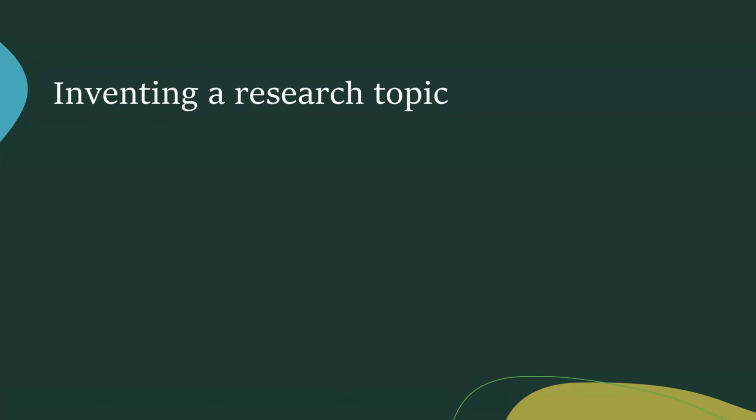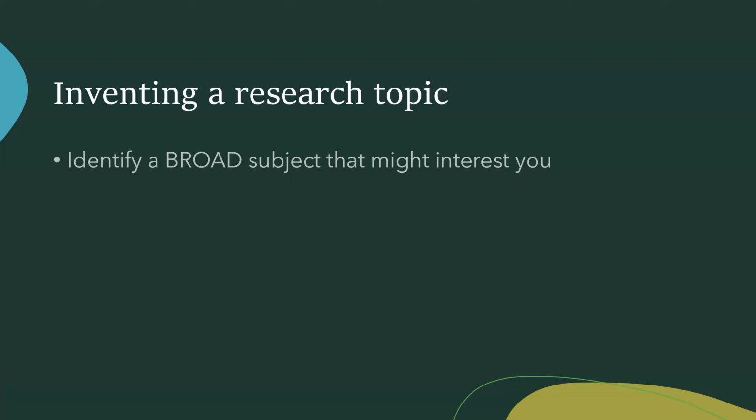So let's talk inventing research topics first. What does this mean and how do you do it? Well, the big idea here is that you need to find some sort of topic, a very broad topic, that might interest you to do a research study about. Now, when you start thinking about a research topic, what exactly am I going to study? It doesn't matter. You actually just need to keep it pretty broad at first.